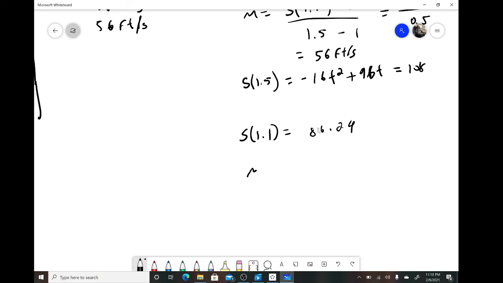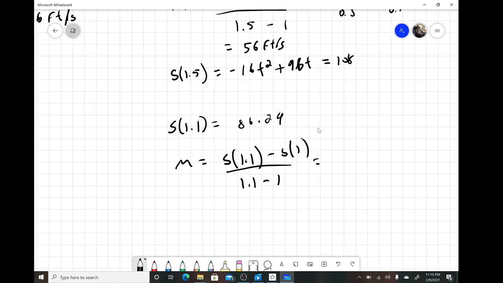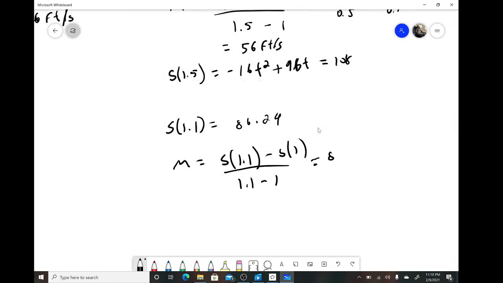And now the slope for this one is going to be s of 1.1 minus s of 1 divided by 1.1 minus 1. So now this one is going to be equal to 86.24 minus 80 divided by 0.1.